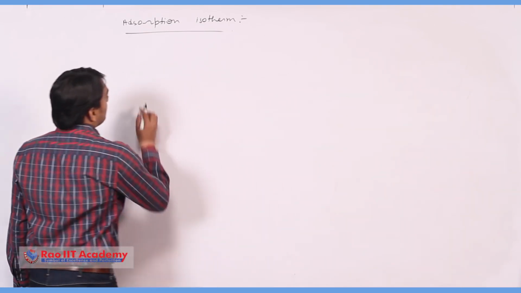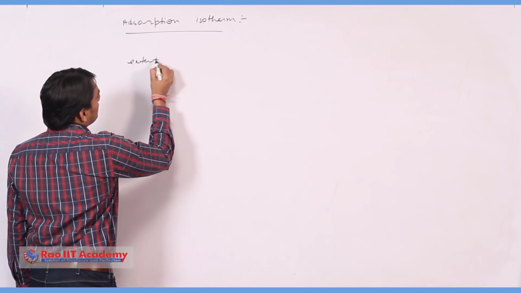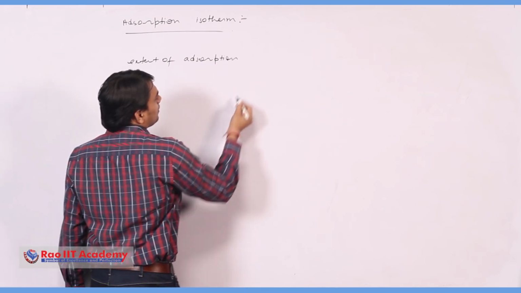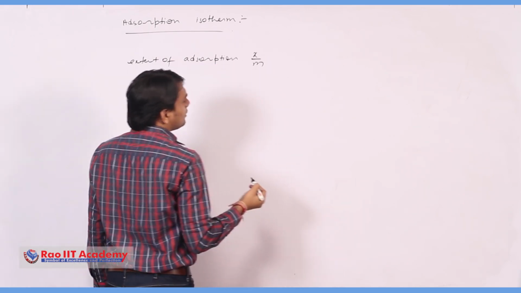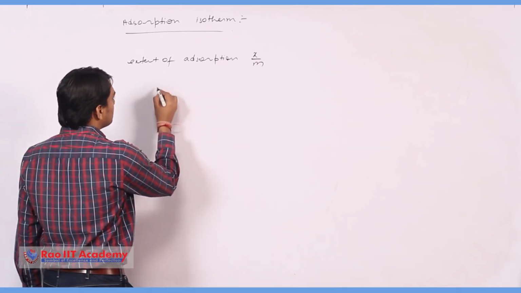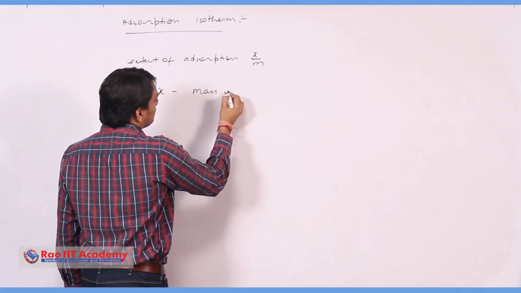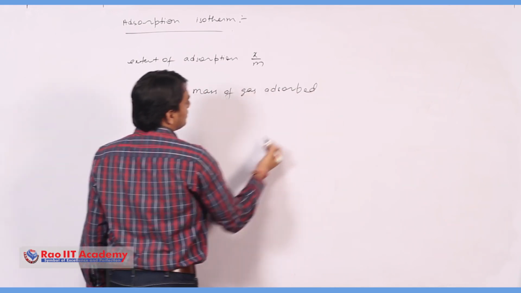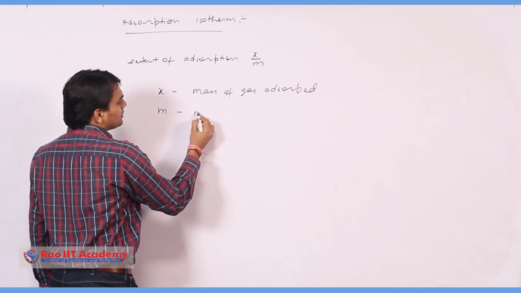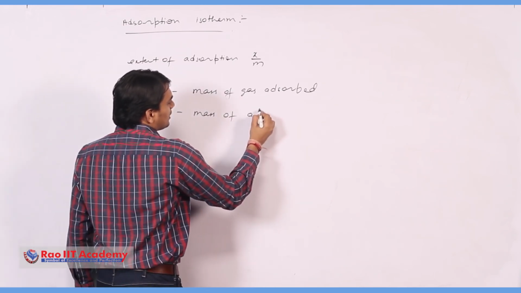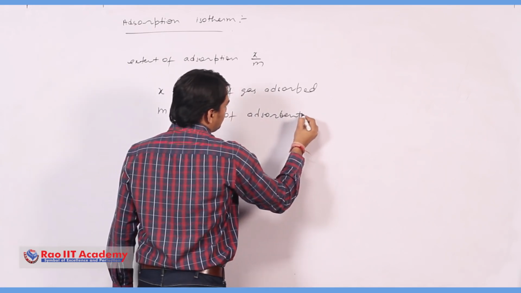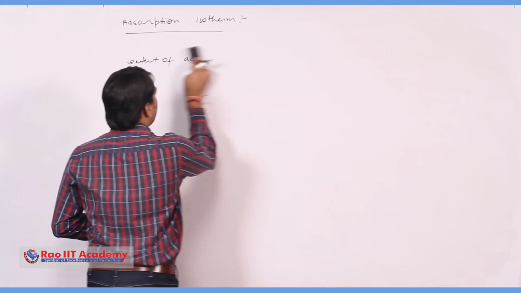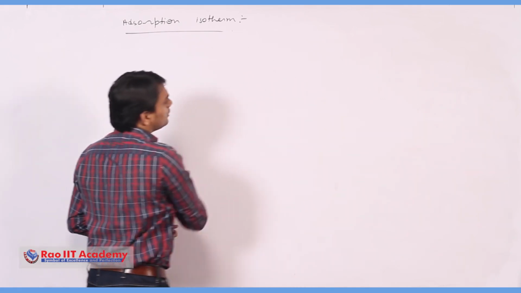As the extent of adsorption, we take x by m, where x is the mass of gas adsorbed on the surface of adsorbent, while m is the mass of adsorbent. And we will take the relation with pressure.